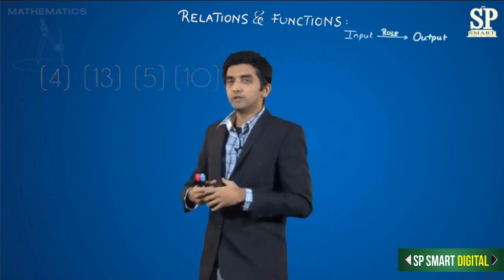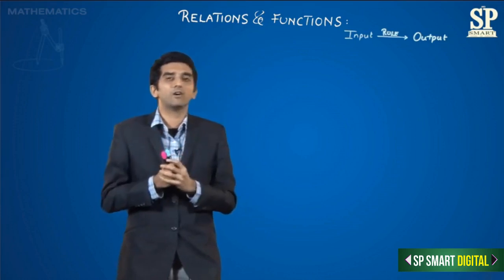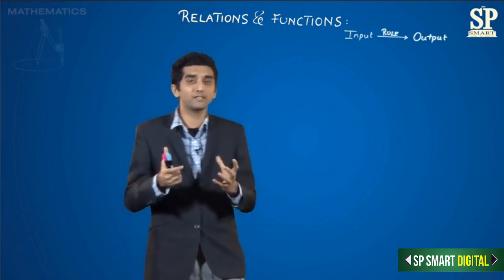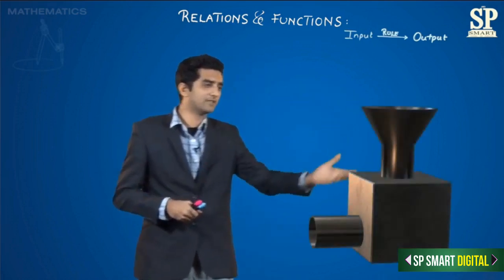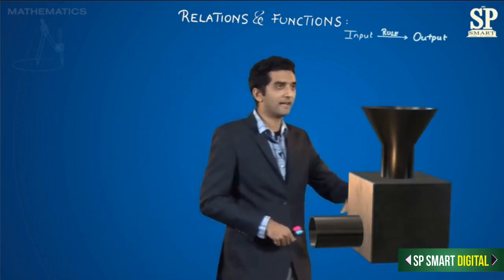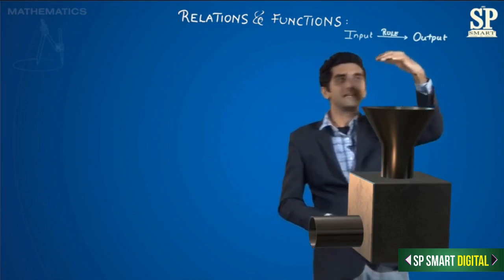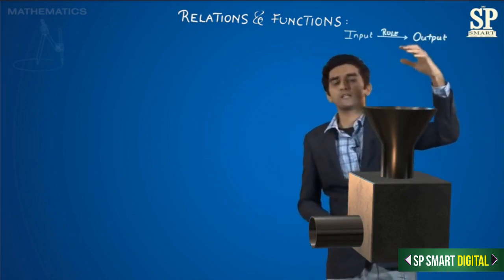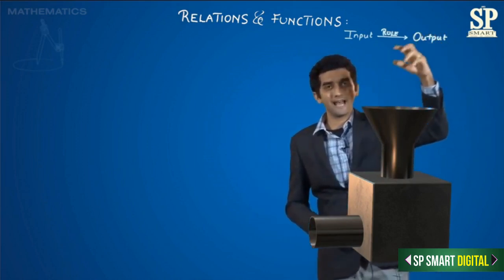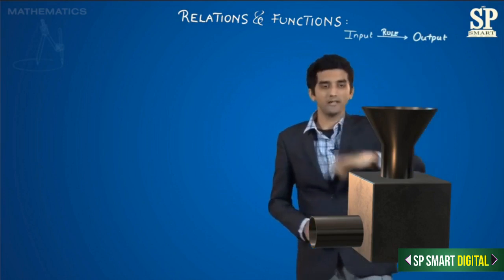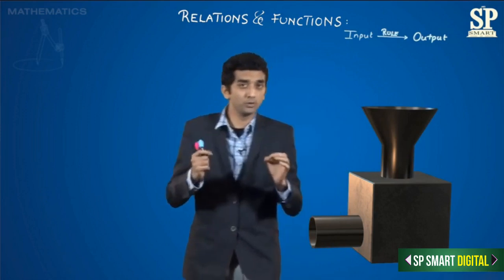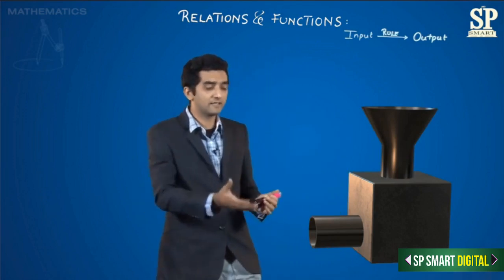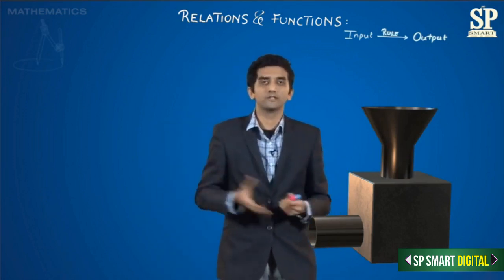So on this very idea, on this very concept of a machine, let's try and build one. Here's one machine that we have, and as you can see, this over here is basically the input area. You are going to have input elements from here, and the machine is going to process according to the rule that we are going to define, and it is going to give you outputs, right?